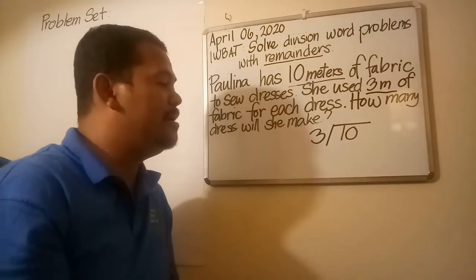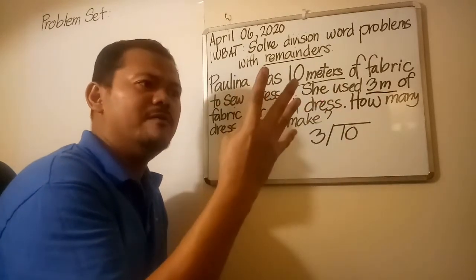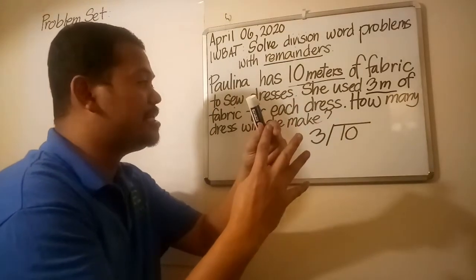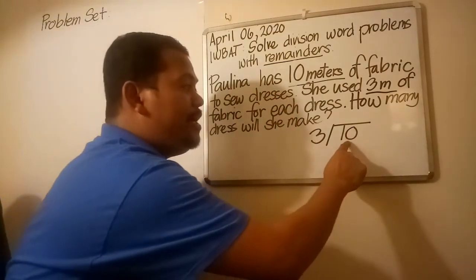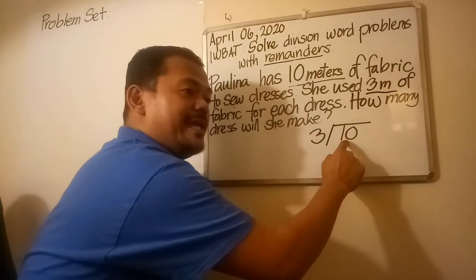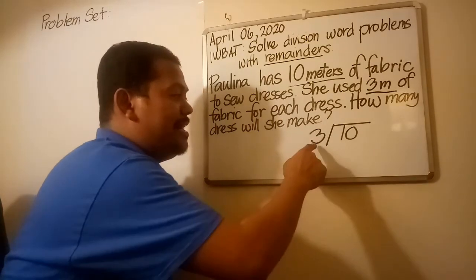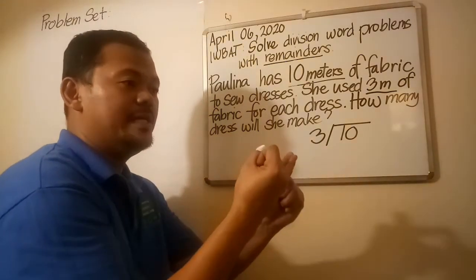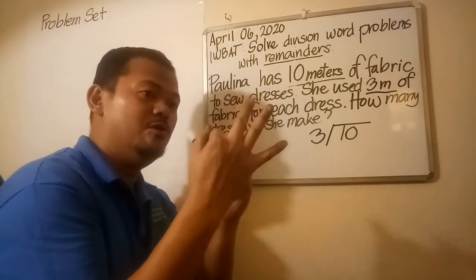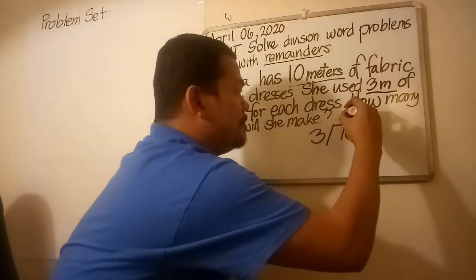Let's count by 3. 3, 6, 9, 12. Can we use 12? No, because 12 is greater than 10. We need to find the multiple of 3 which is near to 10, but not greater than 10. So we can only use 3. Write the 3 here.